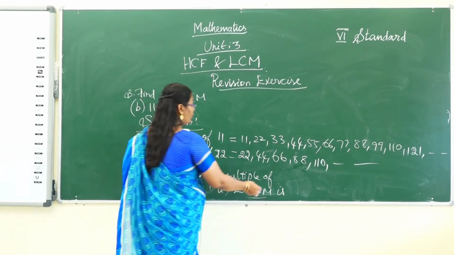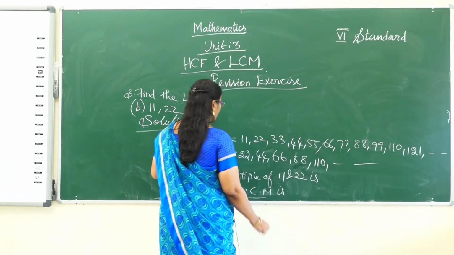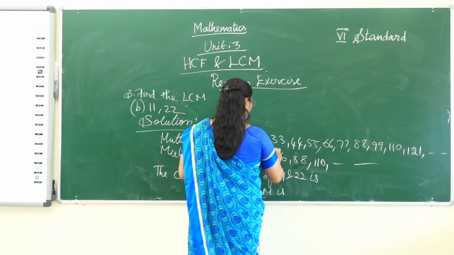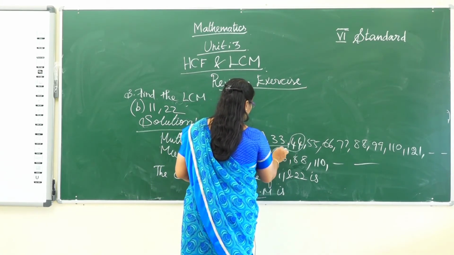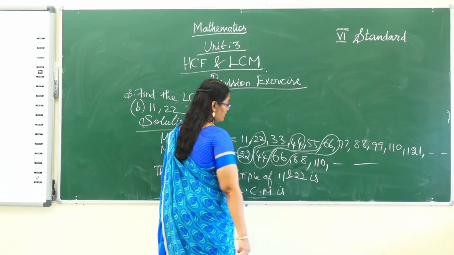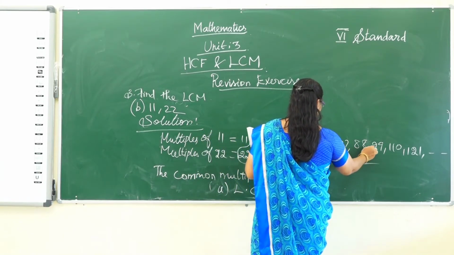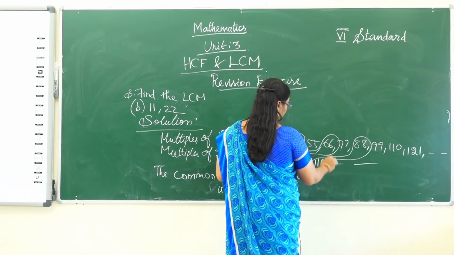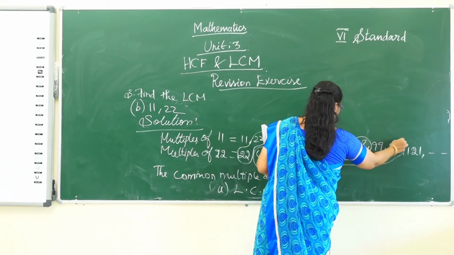Common multiples of 11 and 22 are, which are the common? 44, 66, and then 88, and then 110.